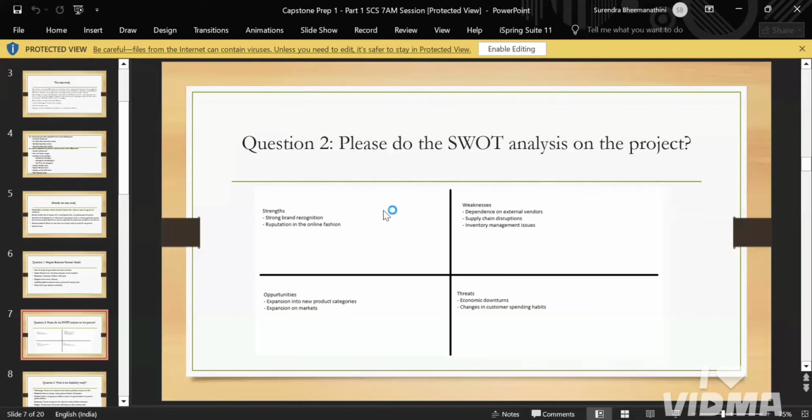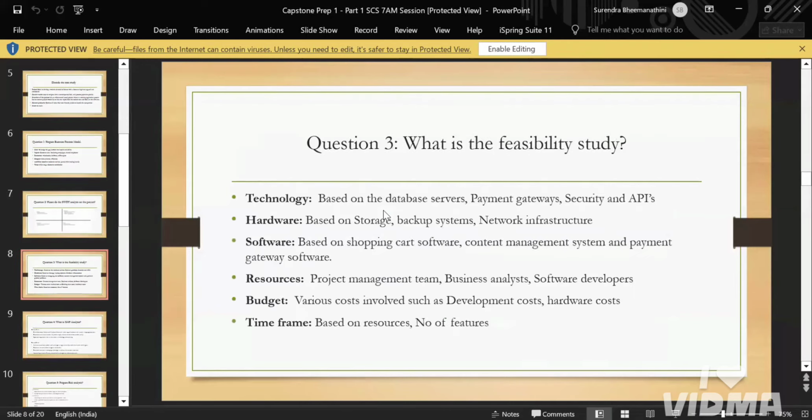Next, we need to write down the feasibility study. The third question is about the feasibility study. We need to study whether the project you have taken is worth it or not, whether it is suitable to take or not.